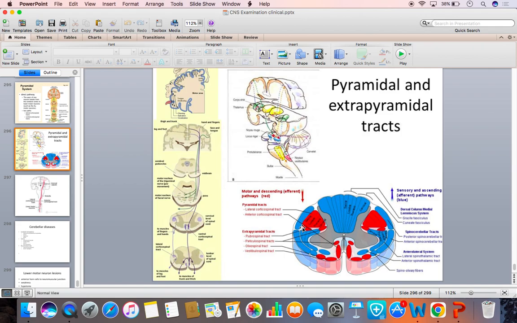In ascending pathways, you see the posterior columns, spinocerebellar tracts. All the tracts take the impulses from the periphery to the center and stimulate the higher centers. In turn, the response is executed by the impulses traveling the efferent motor pathways. That's how you carry out your motor act so smoothly in order to carry out the routine.